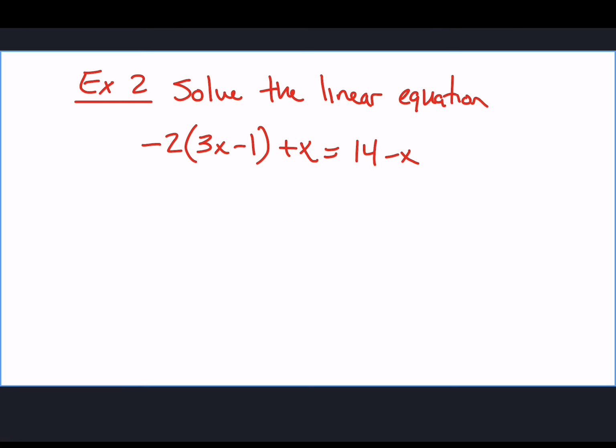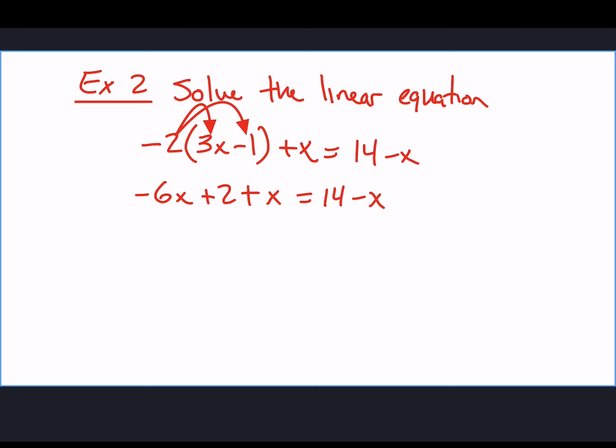In order to do that in this equation, what do we need to do first? Distribute. So negative 2 times 3x, negative 6x, and negative 2 times negative 1, positive 2, and then we'll have the plus x equal to 14 minus x.